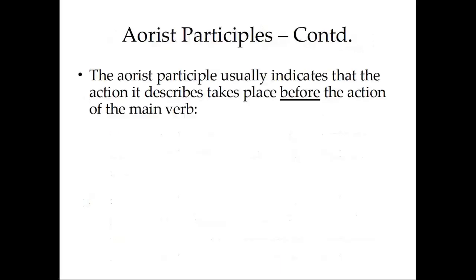Now, the aorist participle usually indicates the action it describes takes place before the action of the main verb. This is not its only use, but most often it shows a sequence of events. For instance, akousas tou rhetoros emanthanon.